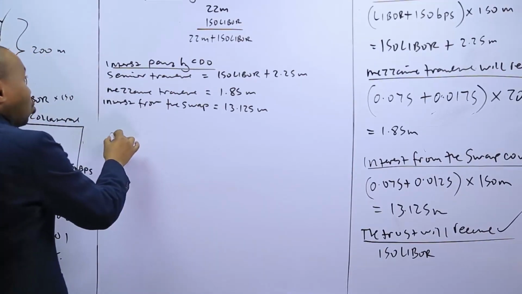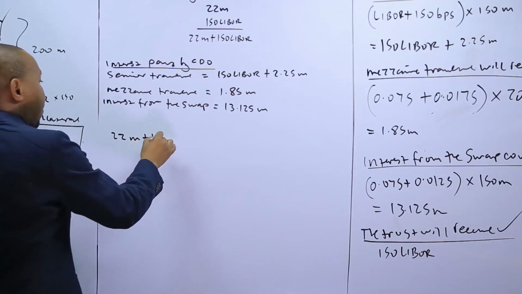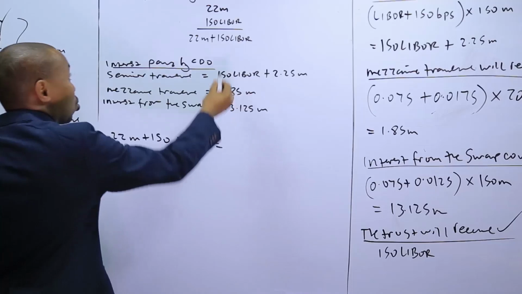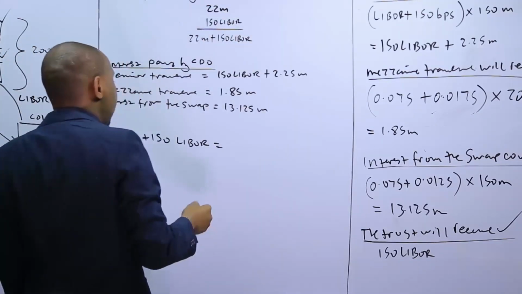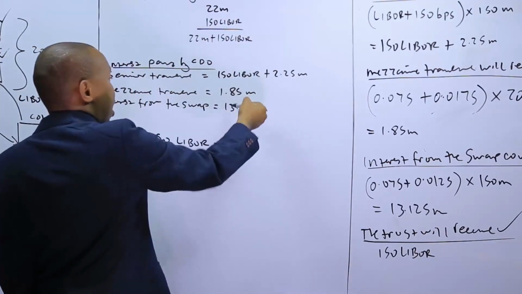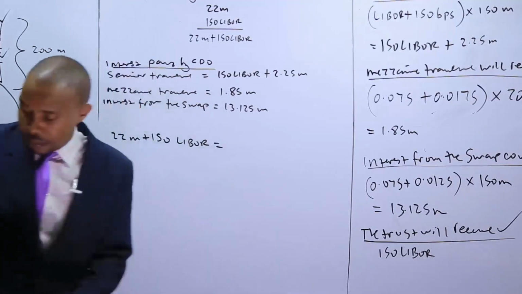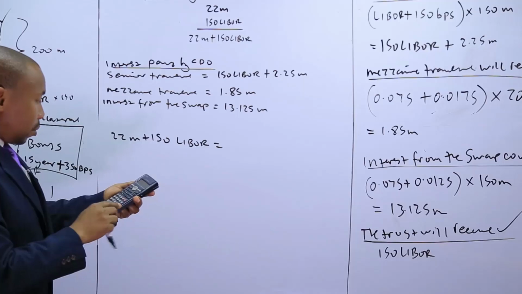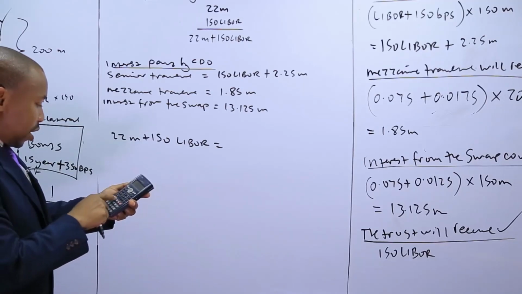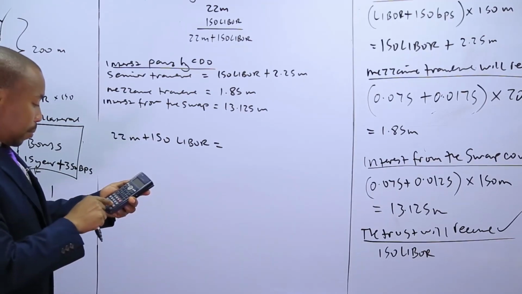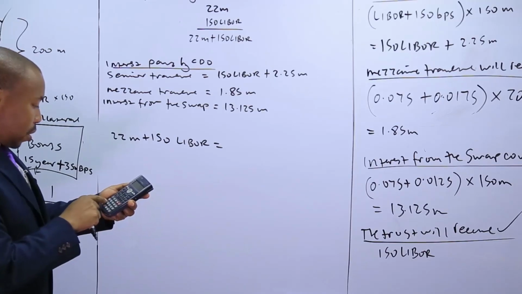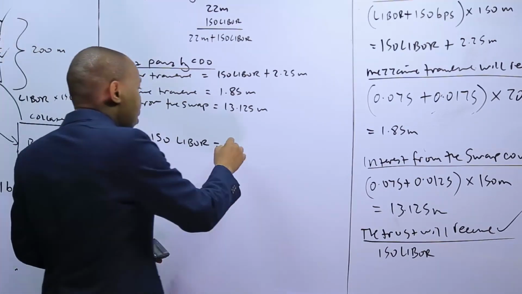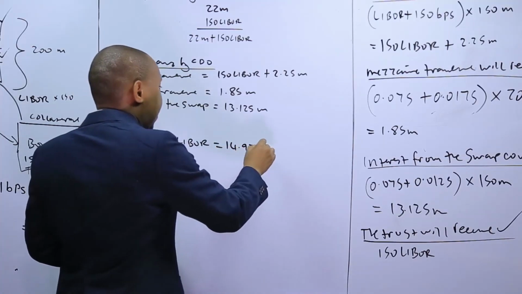So 22 million plus 150 LIBOR is equal to, going by that formula up there, and we add these two. Put a calculator right here: 1.85 plus 13.125, we get 14.975.